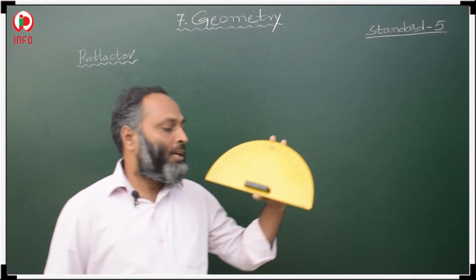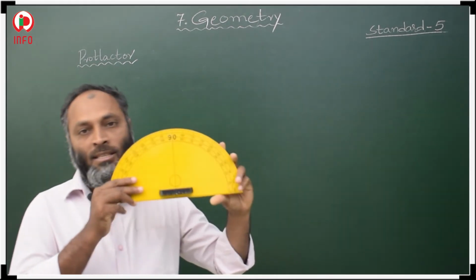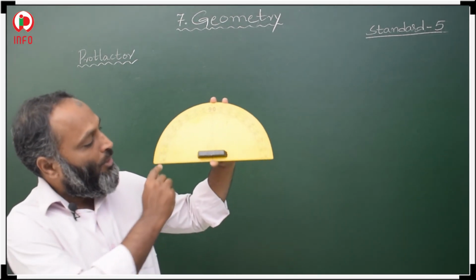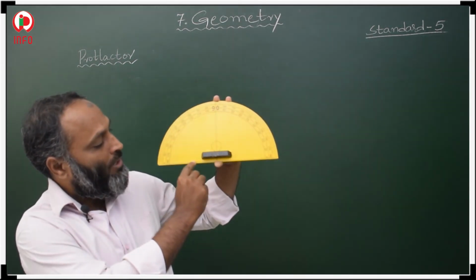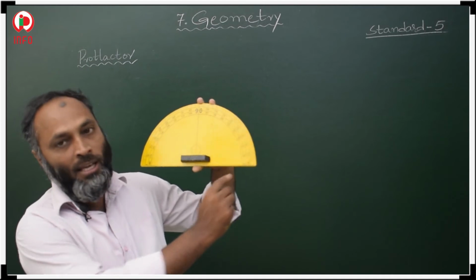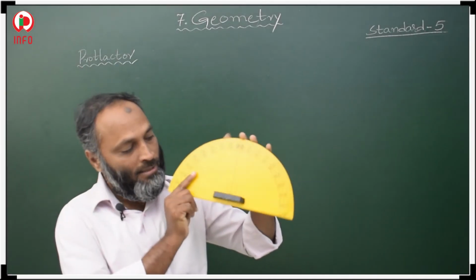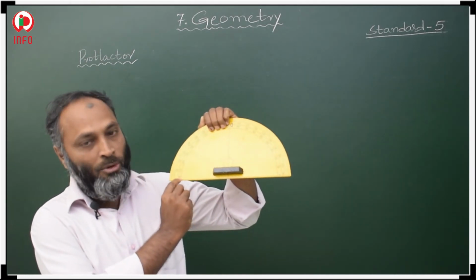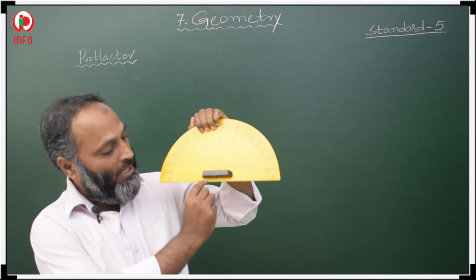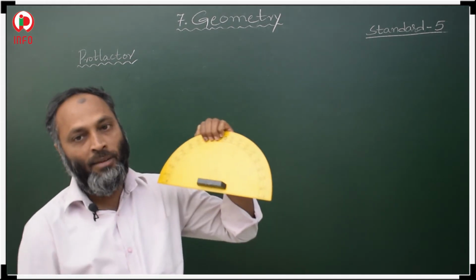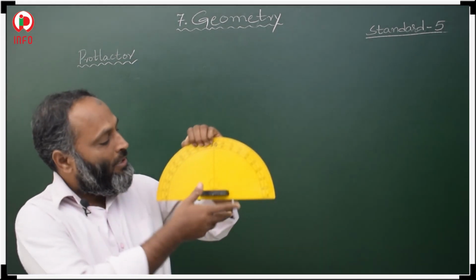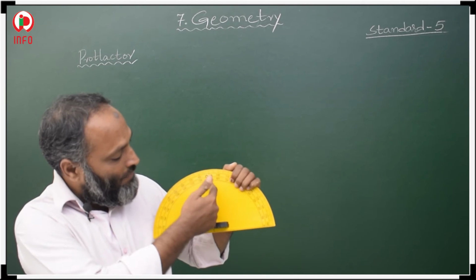Now, see what is there in this protractor. One bottom straight line is there. This is called the baseline. And after that, one exact 90 degrees line is there.